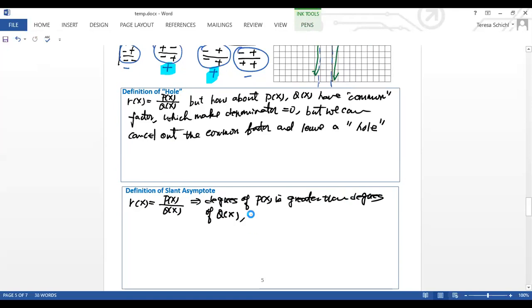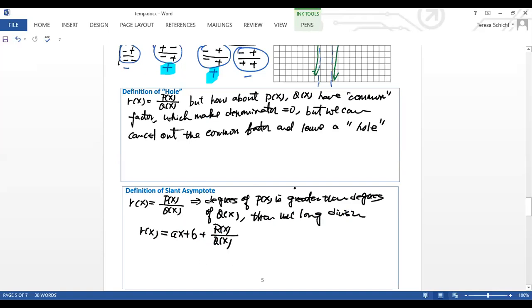Then you can use long division, and you can rewrite this R(x) as something like ax plus b plus the remainder over Q(x), right?